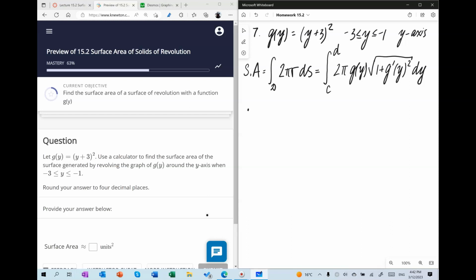We're going to set up this integral in 3 steps. First, we're going to find the derivative. Then we're going to find this part of the integrand.